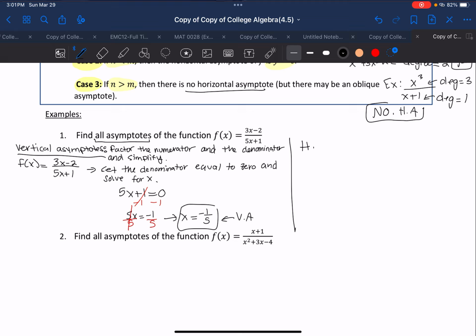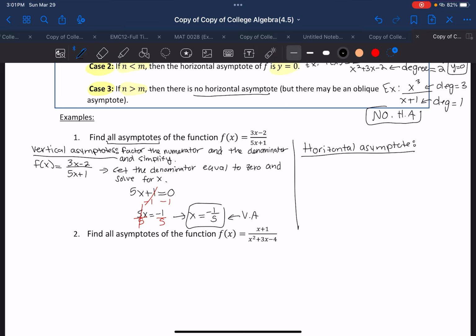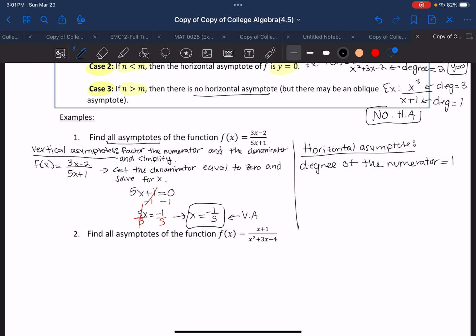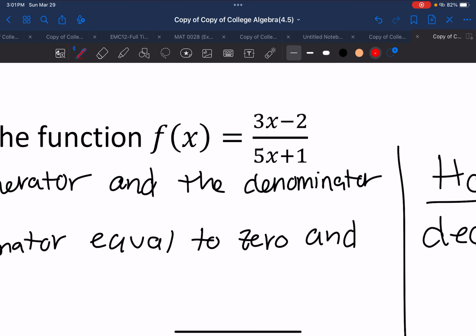Now for the horizontal asymptote, we look at the degree of the numerator which is just 1, because there is just an invisible exponent of 1 on that x.